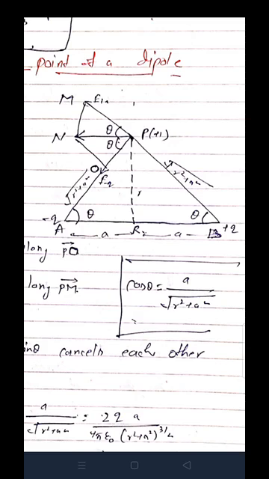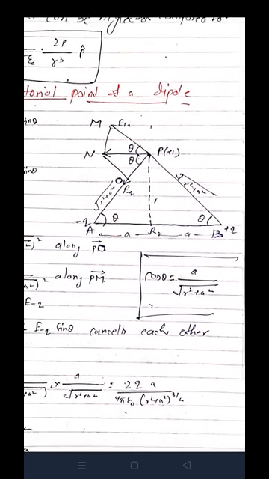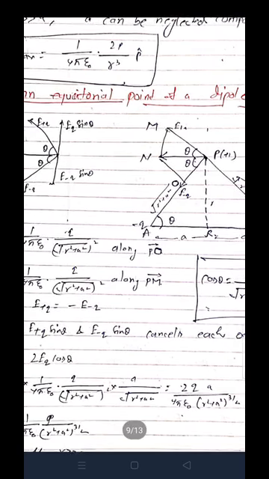Because of the charge on A, there will be an attractive force over there, and because of charge plus q, there will be a repulsive force on P. You can see there are two forces acting on it, one in the upper left direction and one in the lower left direction, that is PM and PA.